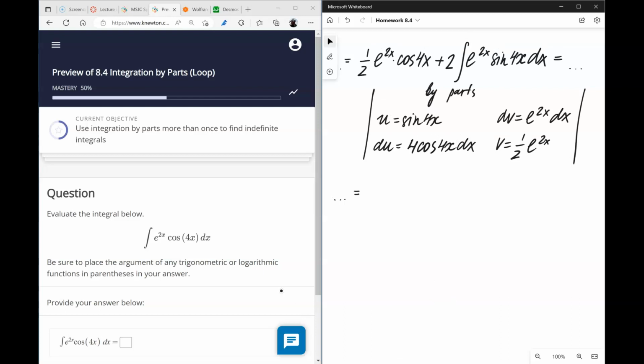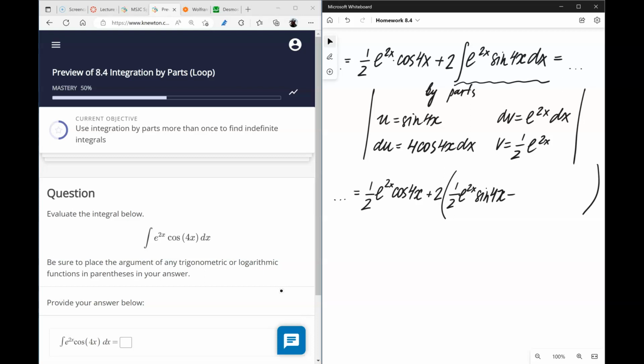So we have, remember, the integration by parts only applies to this integral. Everything before it remains the same. So I'm going to try to write it as compact as possible. But now the result of this integration by parts goes inside of this parenthesis. So we have uv, 1/2 e to the 2x sine of 4x, minus integral of v du.